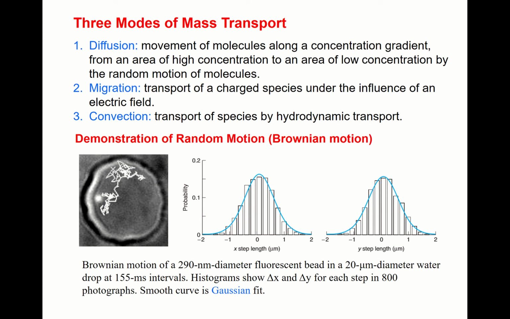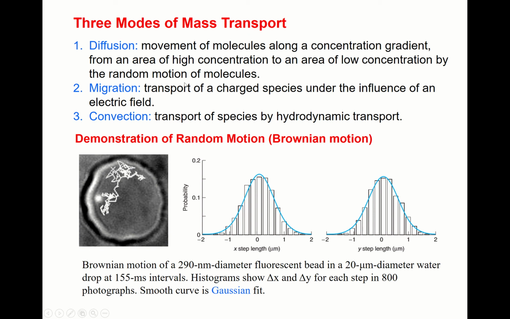In chromatography, your solute is the mass, and it is transported by the mobile phase from the inlet of the column, through the column, and out of the column. That's mass transport.